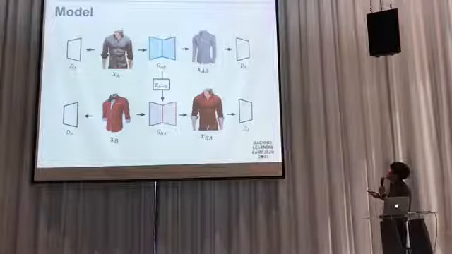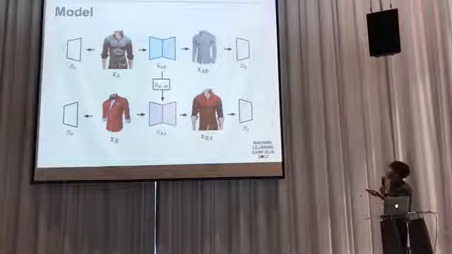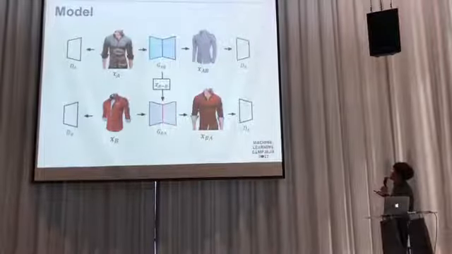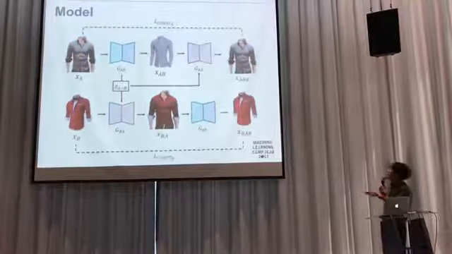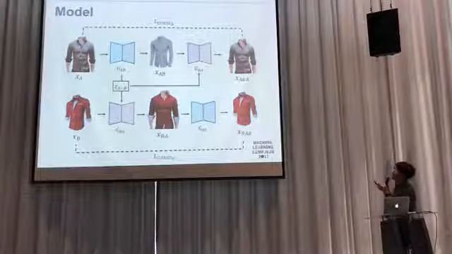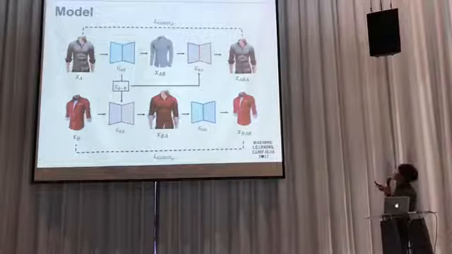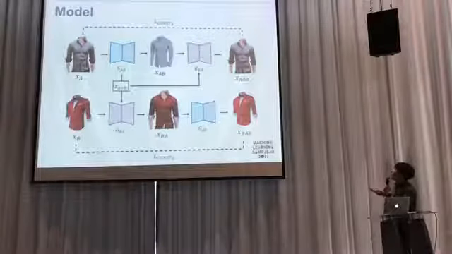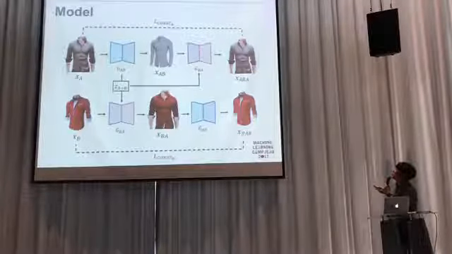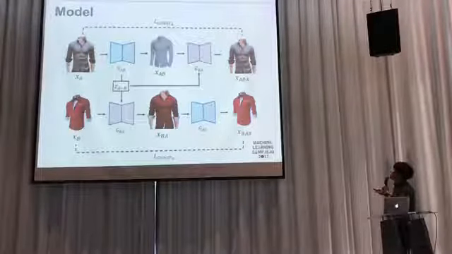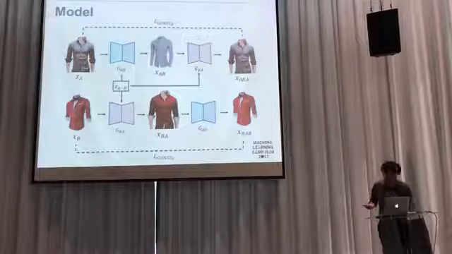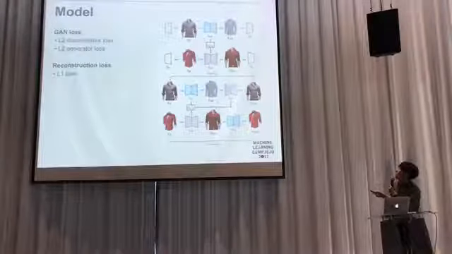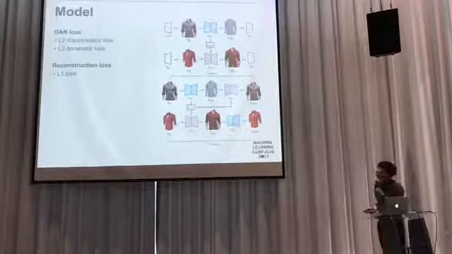With only this, we don't have a way to maximize the mutual information between these pairs. So I want to give a reconstruction loss, like CycleGAN did. By doing this, I want to maximize the mutual information between these. So I adopted the GAN loss and reconstruction loss like CycleGAN did.